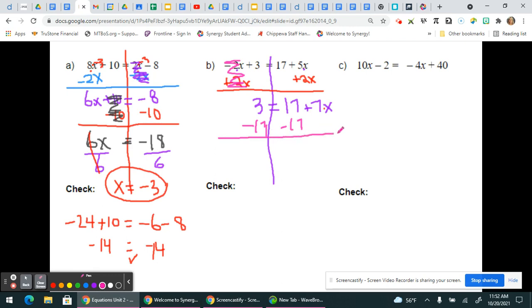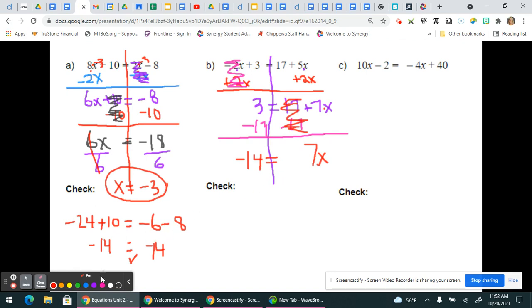Then I'm going to draw my balance. When that happens, my 17s cancel. Positive negative 17 eliminates. That's what we wanted. And I'm left with just 7 times x on the right, which is now equal to, over here, my 3 minus 17, which is a negative 14.